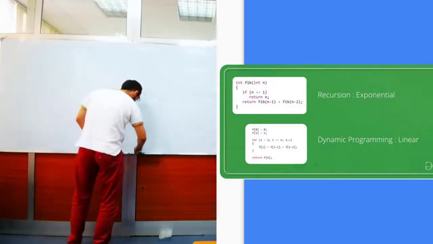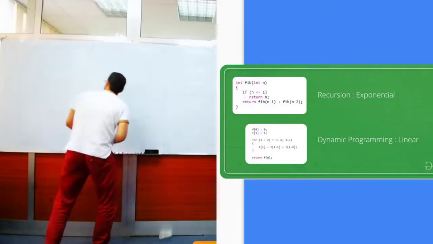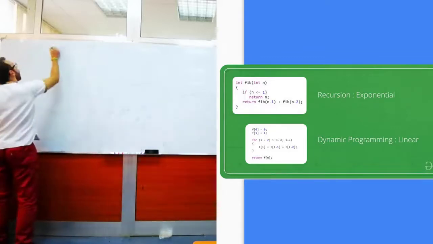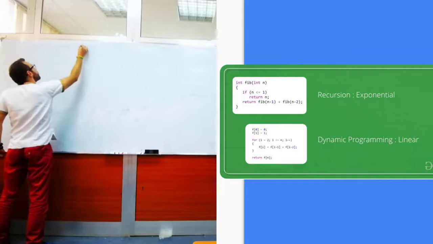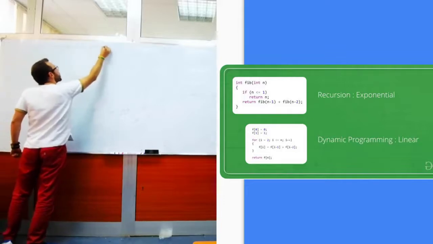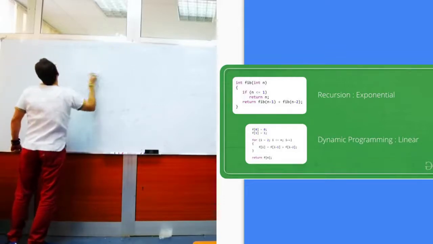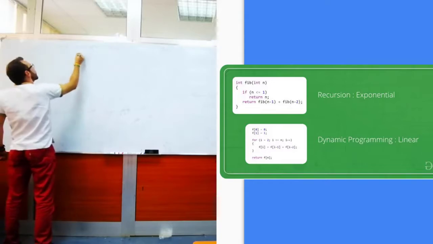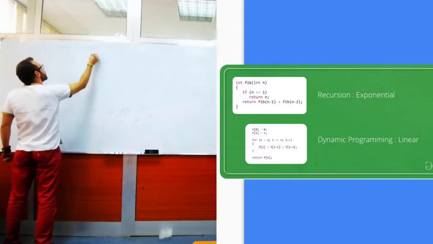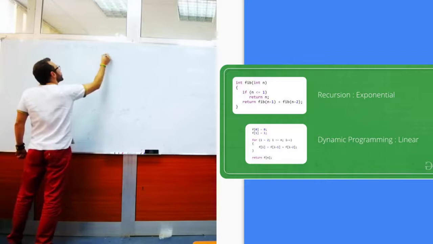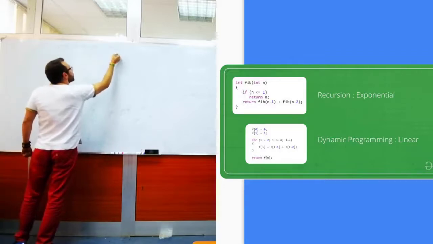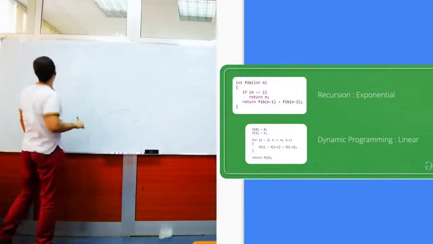So let's quickly remember how we calculate Fibonacci numbers. Let's work with the first 10 Fibonacci numbers. We start with 1, 1, and then 2, 3, 5, 8, 13, 21, 34, 55.